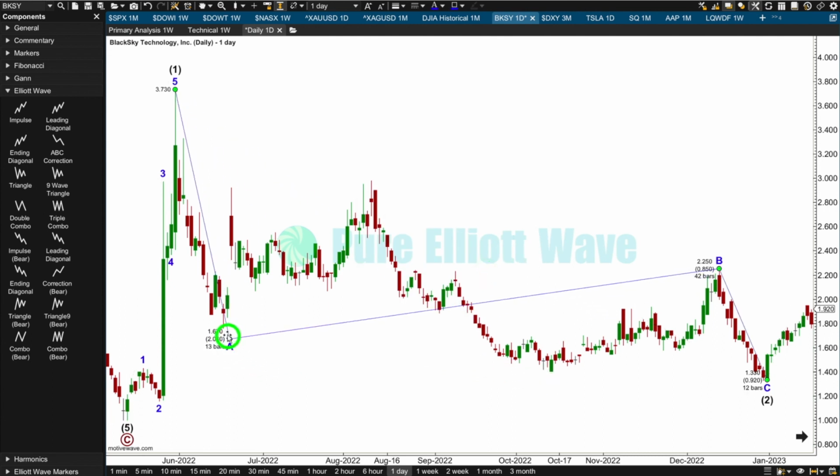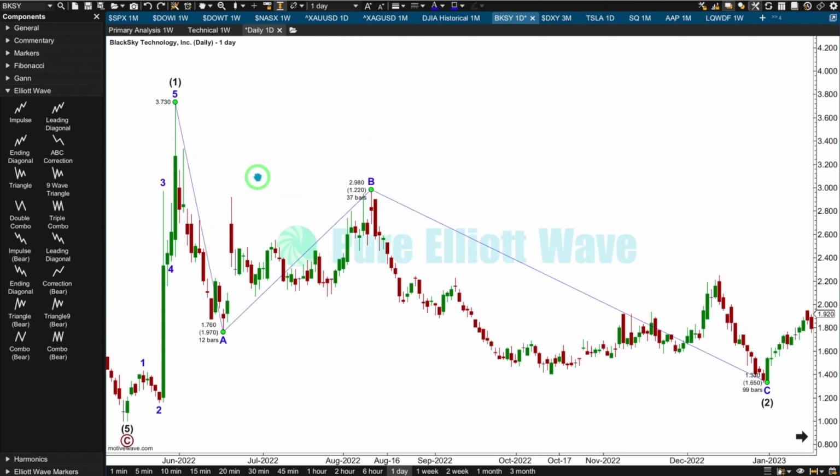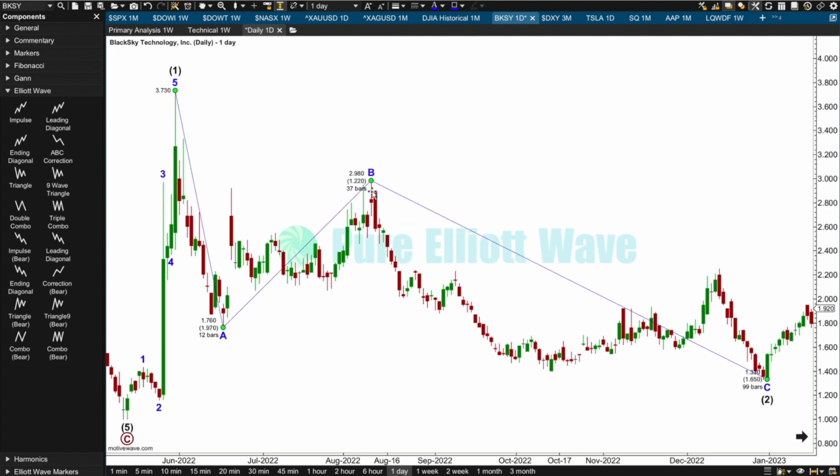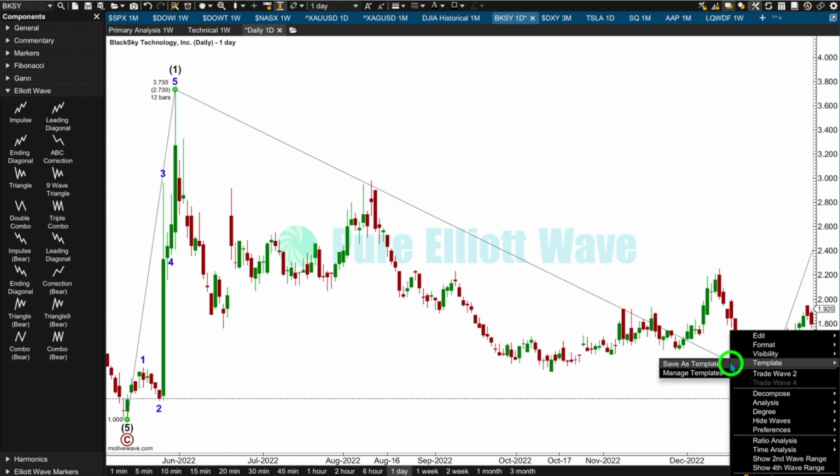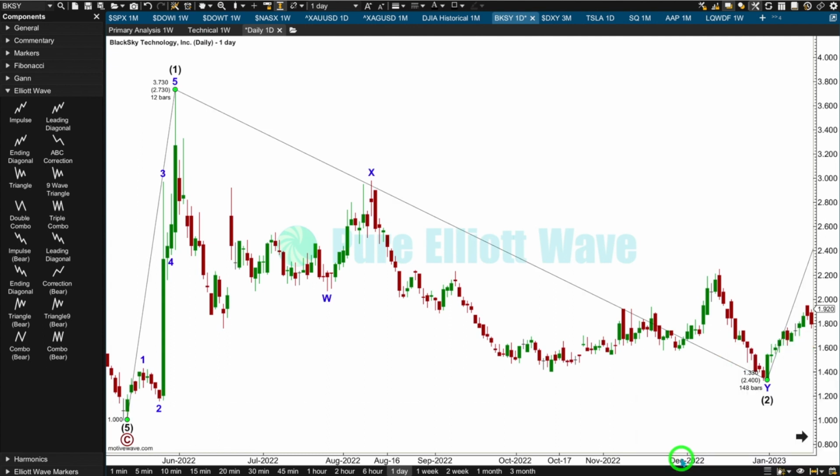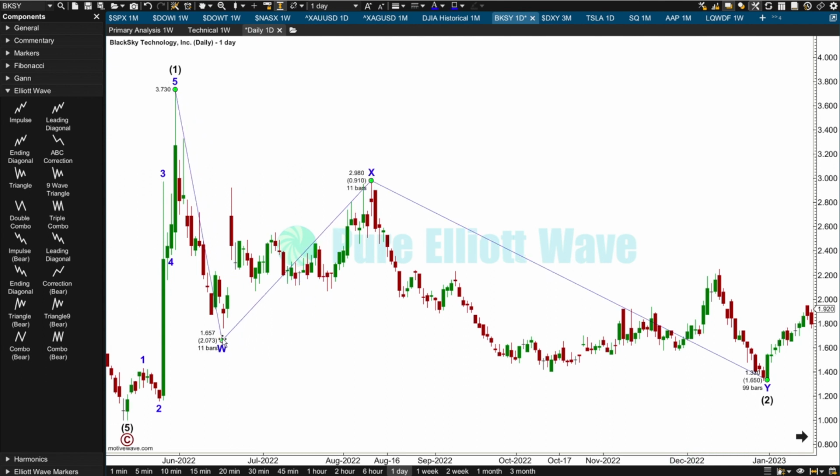Okay, I'm going to see if maybe A, B, this high, 2.98. Oh no. Or this, 2.92. So that's the high. Oh, okay, that's not going to work. Now C is not going to be a good 5-wave structure, so I think maybe a double zigzag instead of a single zigzag. Double zigzags are really common. Nope, I'm going to put W here.